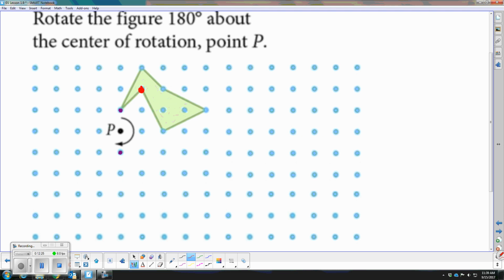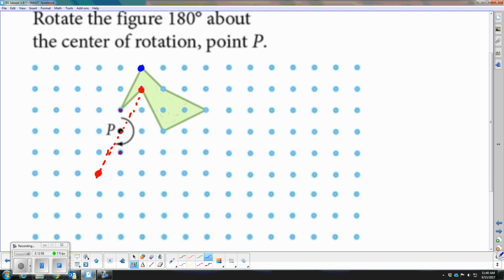This point, again, 180 degrees is a straight line. And you can use your protractor if you want. But this point will get rotated here.